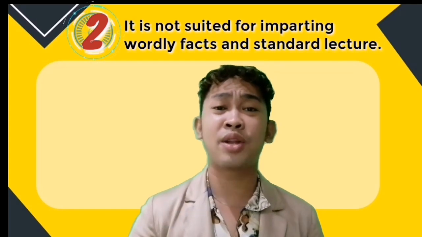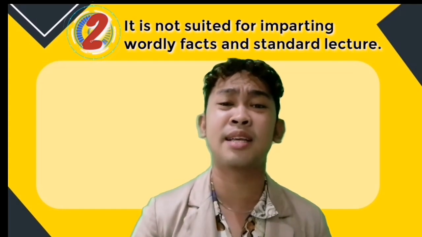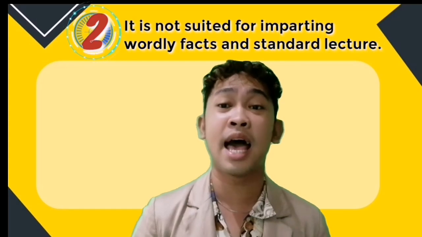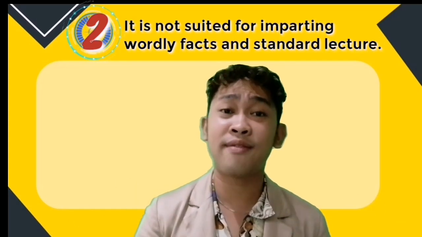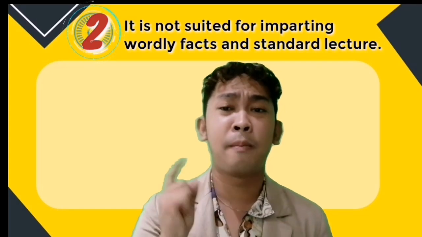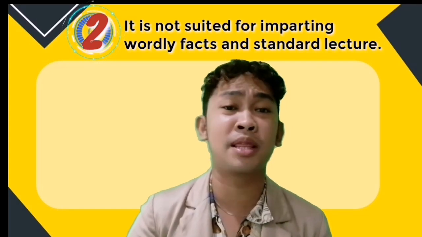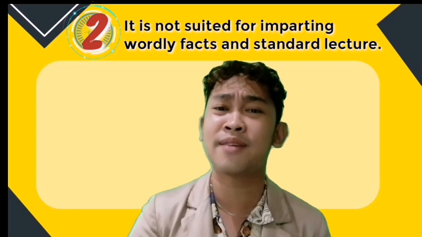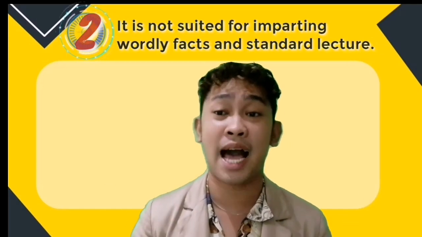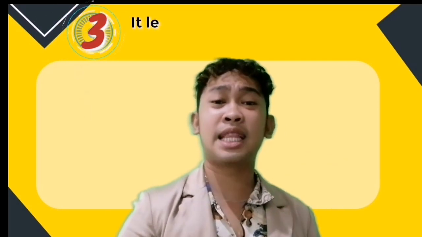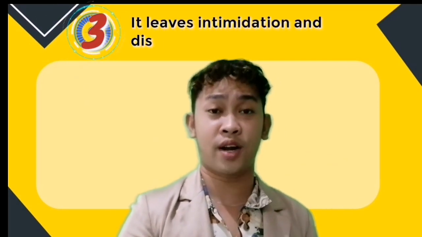However, this method may not be right for concepts that have clear subjective disciplines like philosophy, art, humanities, or even the ethics of science. But it may not be the best teaching method for objective disciplines like mathematics, English, or even science. Third, it leaves intimidation and discomfort.